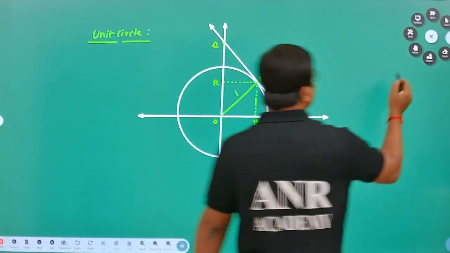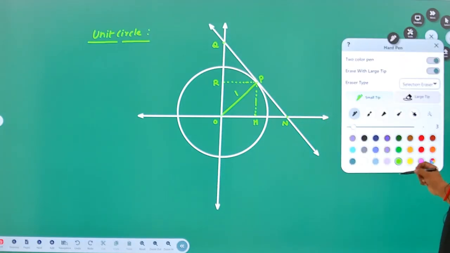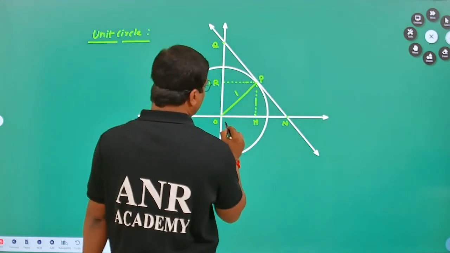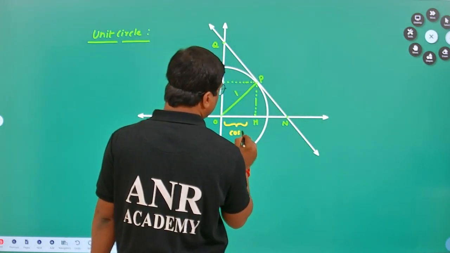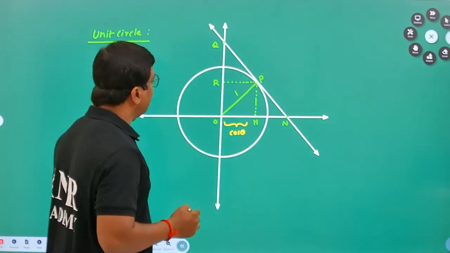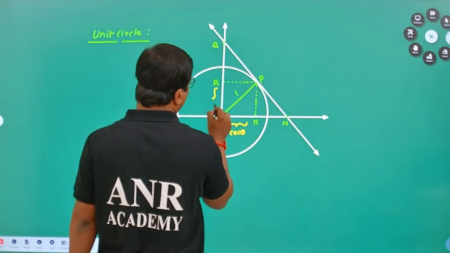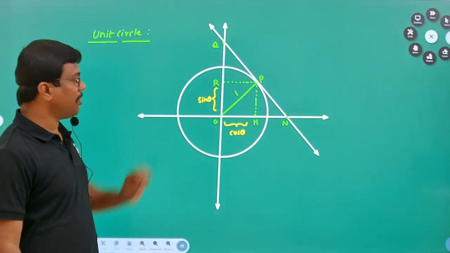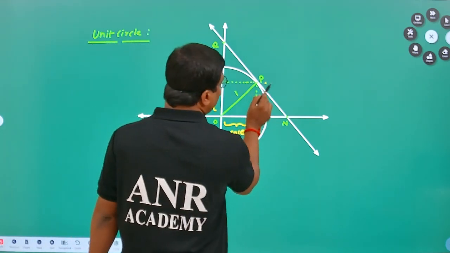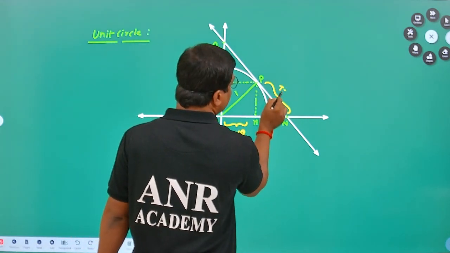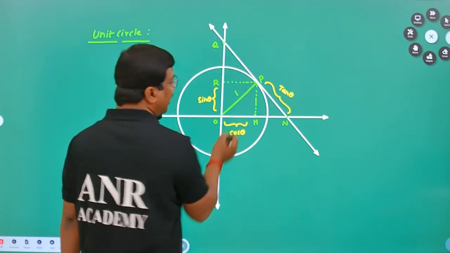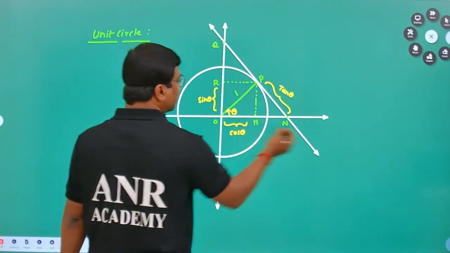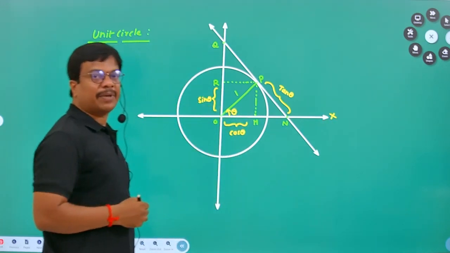Now at a glance I am going to write all the trigonometric ratios. This is known as cos theta, that is horizontal component is cos theta. Next, vertical component up to here, it is sin theta. First two trigonometric ratios. Next, P to N, this is tangent angle, tan theta, where theta is angle made by OP with positive direction of x-axis in the counterclockwise sense, remember.